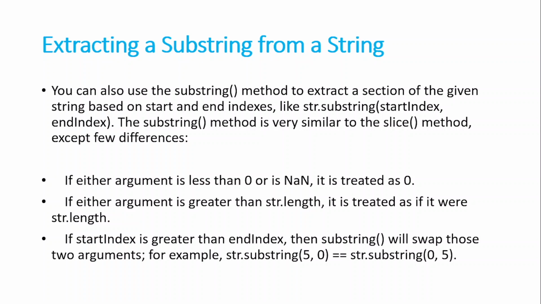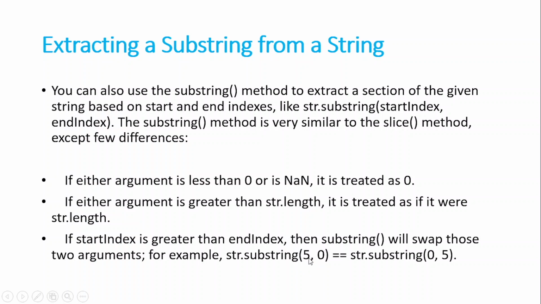If start index is greater than n index, then substring will swap those two arguments. For example, 5,0 is equal to 0,5. If a starting index is greater than an end index, which shouldn't be there, then it will swap both the numbers.